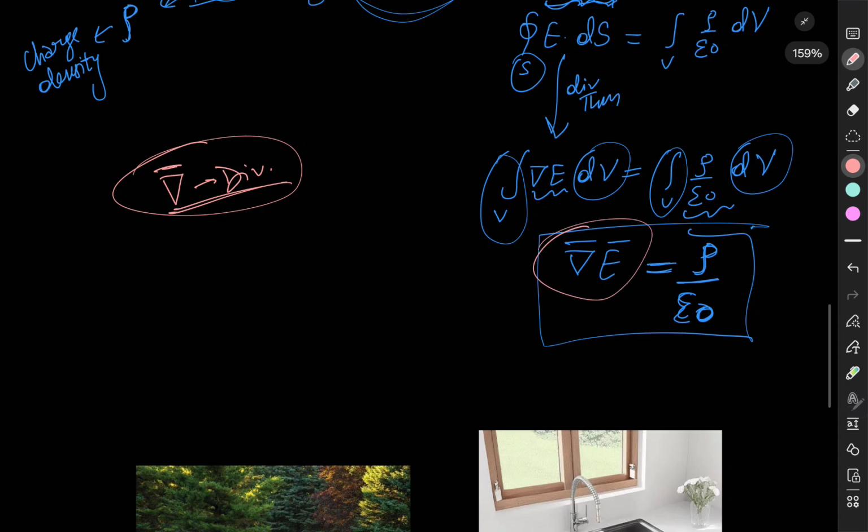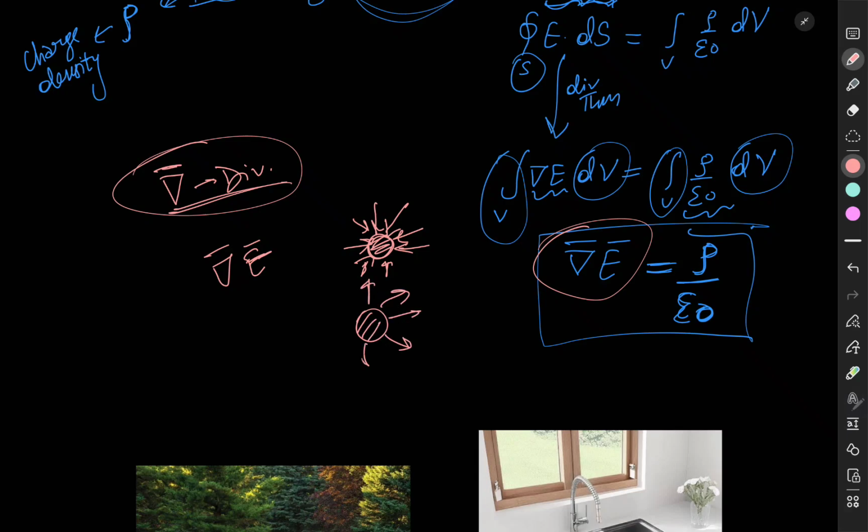Hence, the left hand side means divergence of electric field. This means that there is some point into which either an electric field is entering, or there is a point out of which an electric field is coming out. So if the electric field is entering somewhere, it is acting as a sink, whereas the place out of which it is coming out is acting as a source.